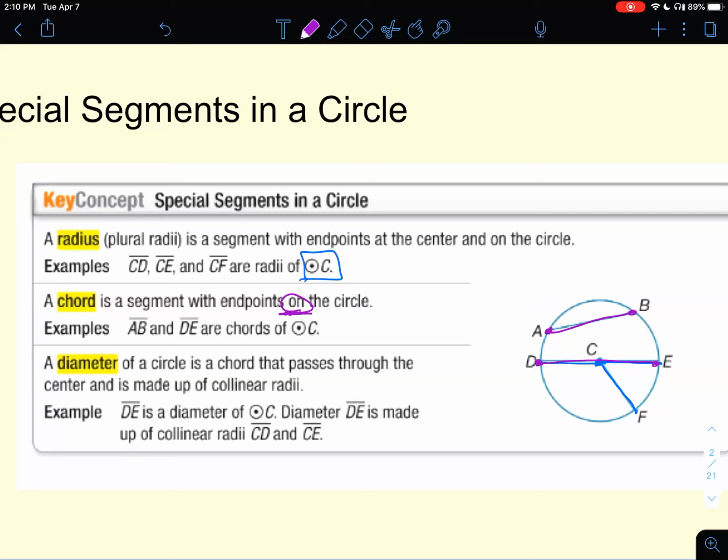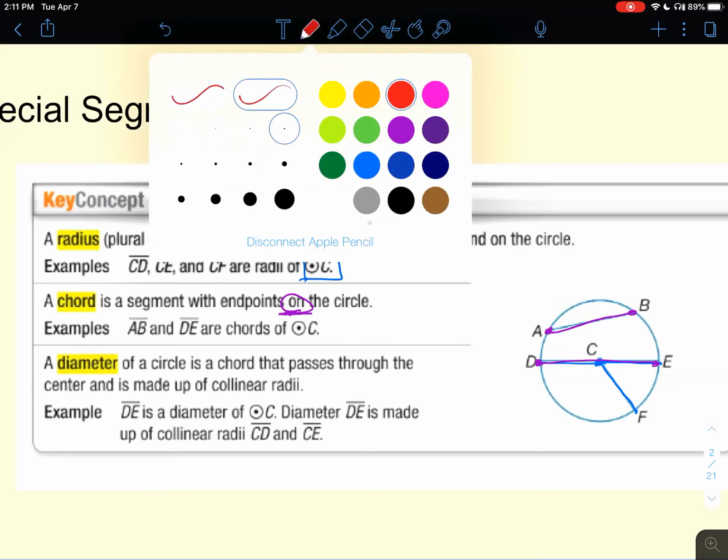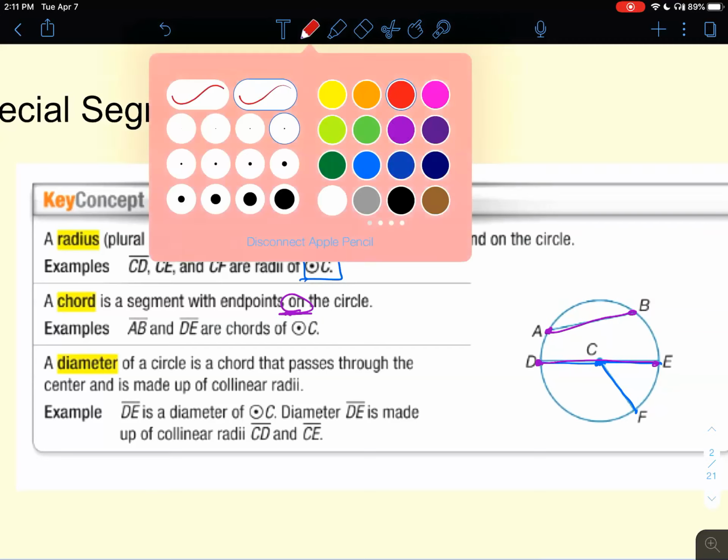Now what is special about the segment DE is that DE is also a diameter, because a diameter is a chord that passes through the center, and that is very, very important. We have to recognize that that center, C, is on that segment DE.